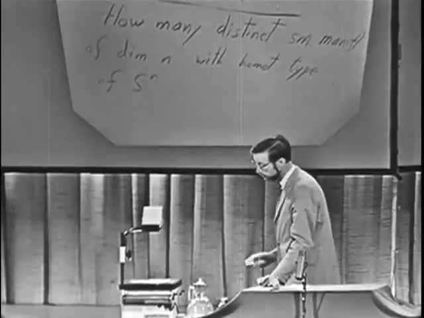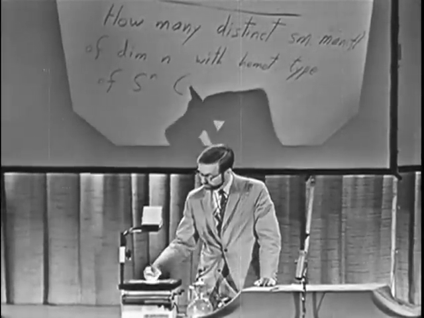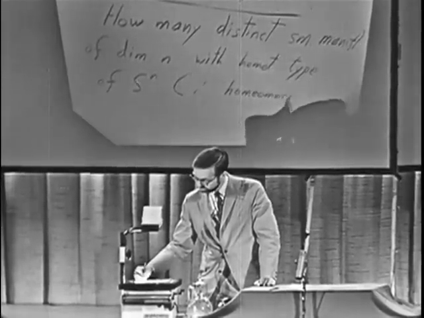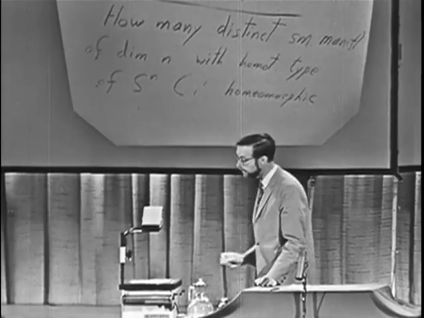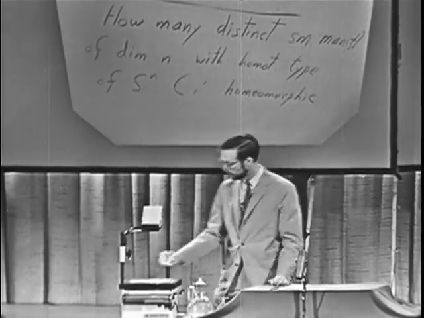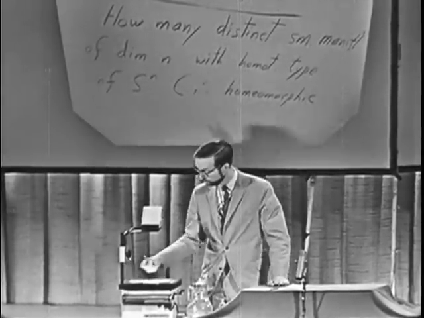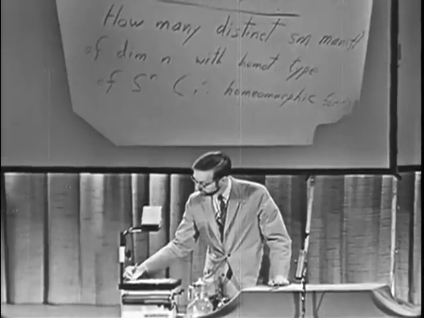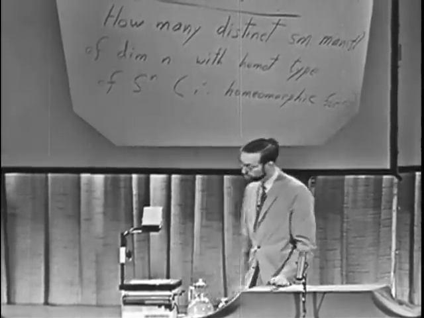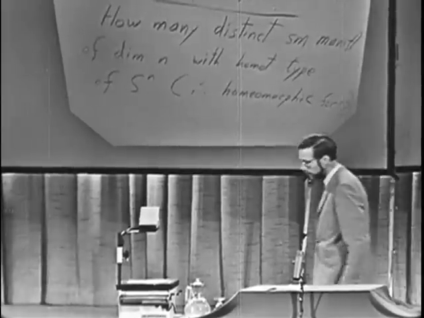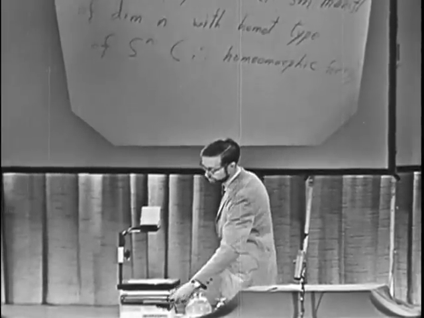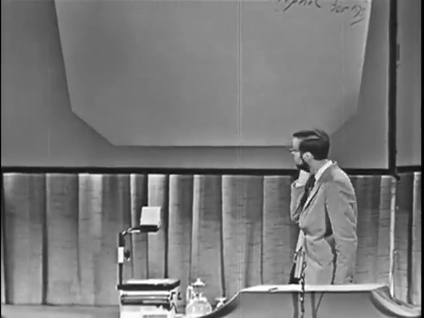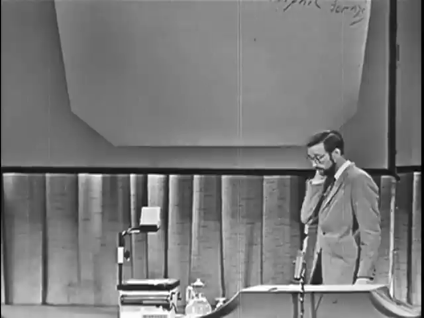And actually these are all homeomorphic to Sn. I'm not claiming that this is obvious, it's a deep theorem, but it is true that these manifolds which have the homotopy type of Sn are all homeomorphic to Sn as long as the dimension is large enough. How many manifolds are there? Well, one can give a list of the numbers. And it's a fundamental theorem that these numbers are all finite. There are only finitely many distinct such manifolds.